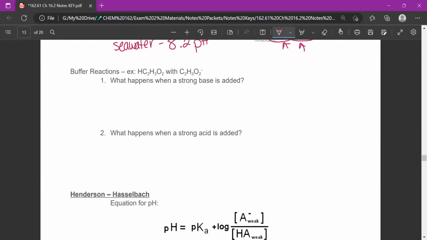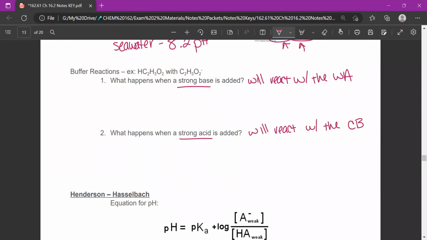Essentially, if I add a strong base, that will react with the weak acid. That's how it gets buffered instead of changing the pH. If I add a strong acid, that will react with the conjugate base part. And then that will buffer it. That will resist the change in pH.